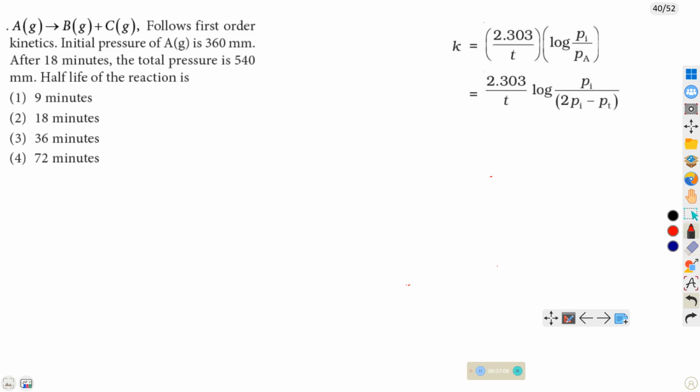A gives rise to B plus C, following first order kinetics. Initial pressure of A is 360 mm. After 18 minutes, the total pressure is 540 mm. Find the half-life of the reaction.